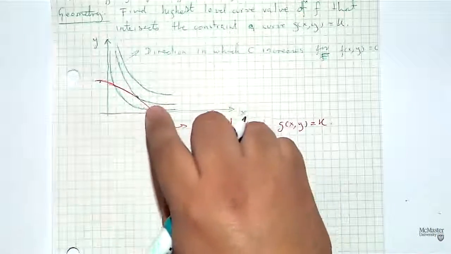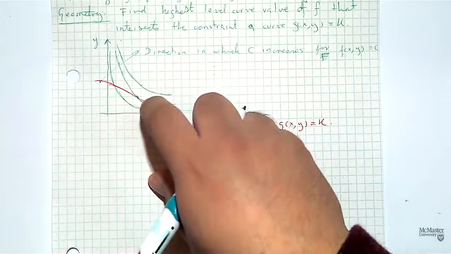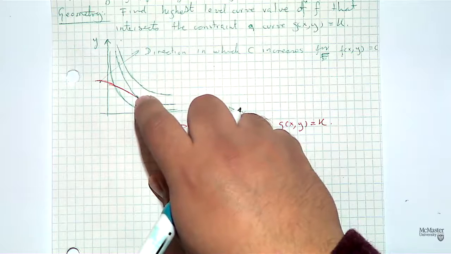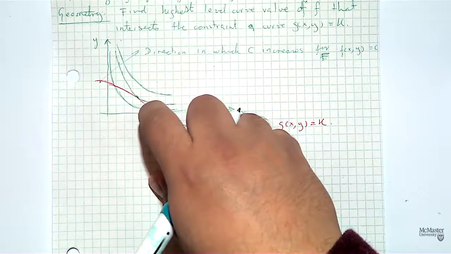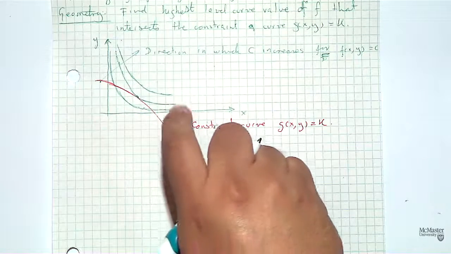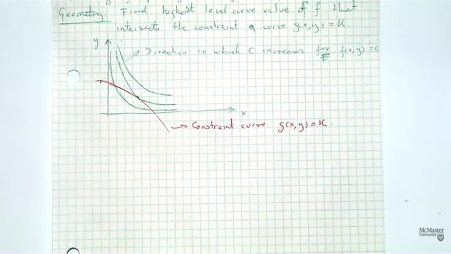So we have different level curves. We increase c, but we want to still be on the constraint, so there will be at least one single intersection. Moreover, the curve of the constraint and the level curve at this point will be tangent. They do not only intersect at the point, but they touch each other, like they kiss, if you want.